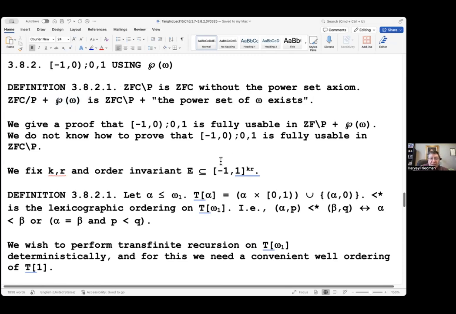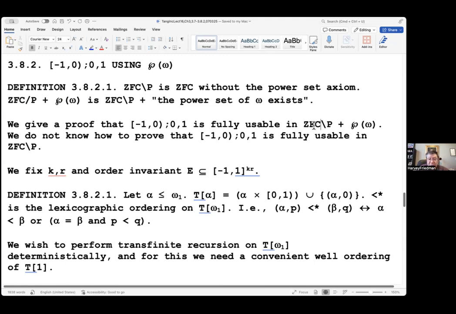All right, now we're going to give a proof that this is fully usable in ZFC here.